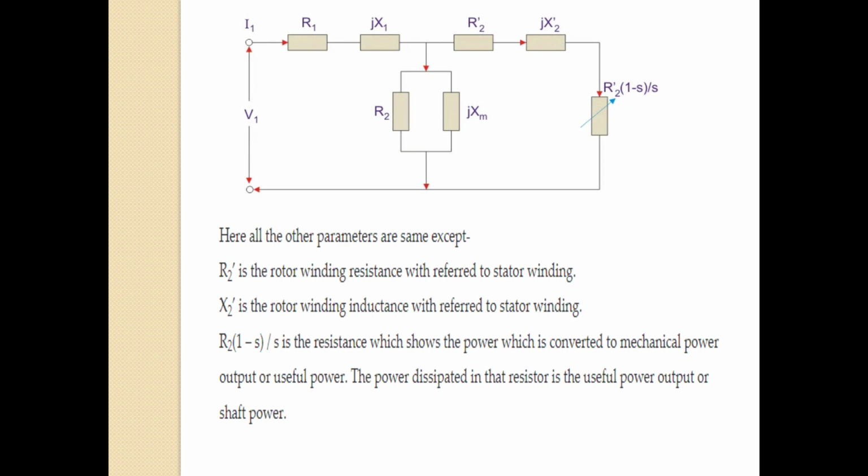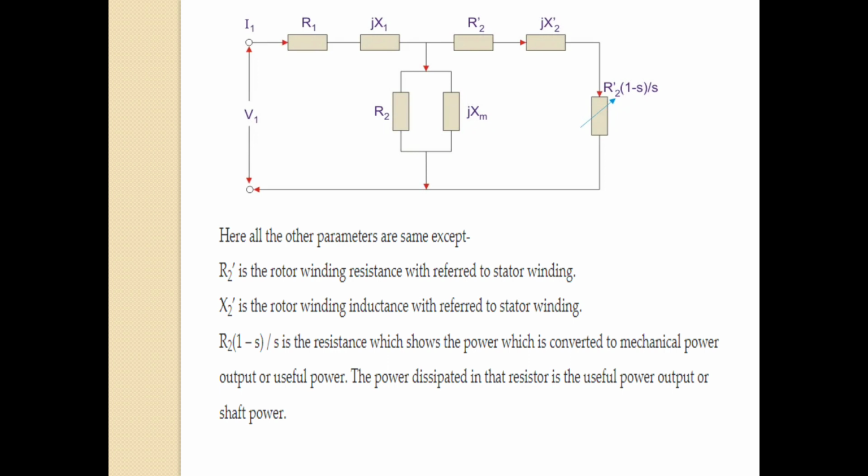I mu is the magnetizing component and IW is the working component. I2R is the rotor current under running condition, so I2R is equal to E2R divided by Z2R, which is equal to S E2 divided by the square root of R2 squared plus (S X2) the whole squared.